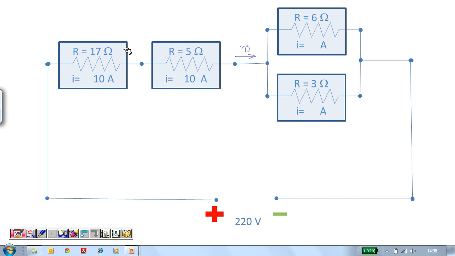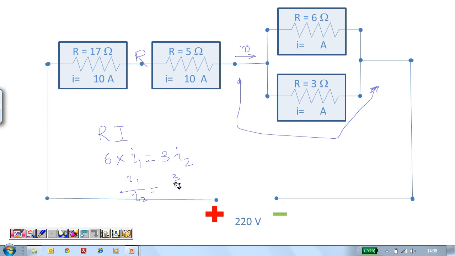Given that the voltage between this point and this point is exactly the same, and voltage is equal to R into I, in this case 6 into I1 is equal to 3 into I2. Therefore I1 upon I2 is equal to 3 upon 6, or half.